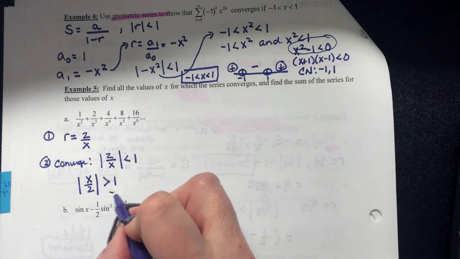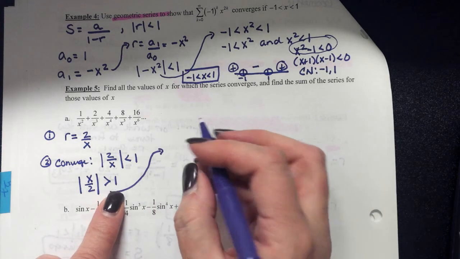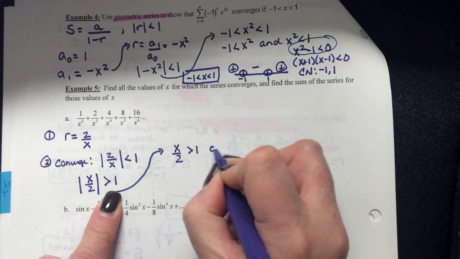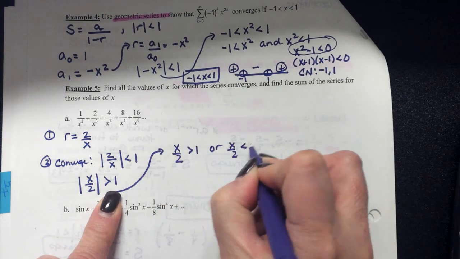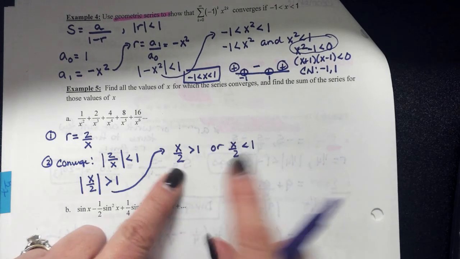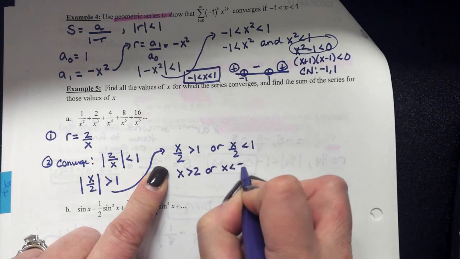So now you can rewrite this. This is a greater than inequality. So you can rewrite this as x over 2 is greater than 1, or x over 2 is less than -1. Remember, when it's a greater than inequality, you write it as an or. So now to solve for x, I'm going to multiply by 2. So x is going to be greater than 2, or x is going to be less than -2.